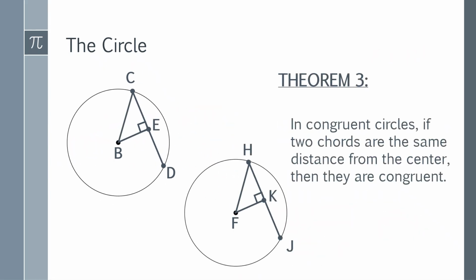Next theorem. In congruent circles, if two chords are the same distance from the center, then they are congruent. Remember, if these two chords are the same distance from the center of the circle, meaning CD and HJ here in congruent circles have the same distance from the center, which is point F and point B, therefore they are congruent to each other.